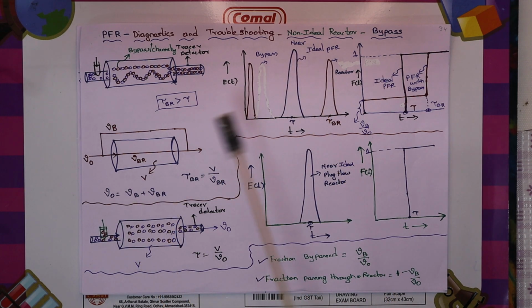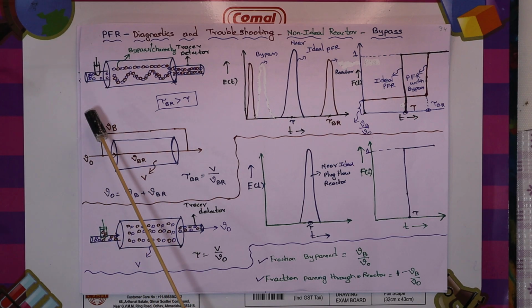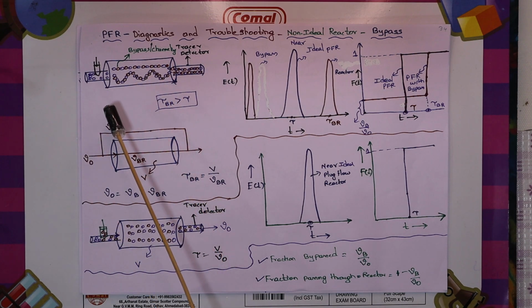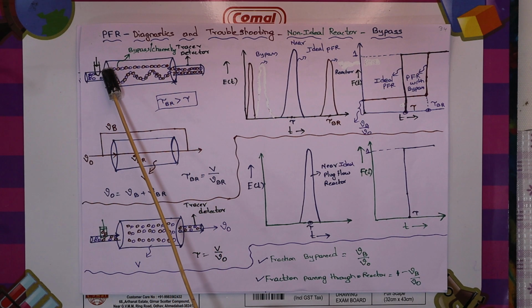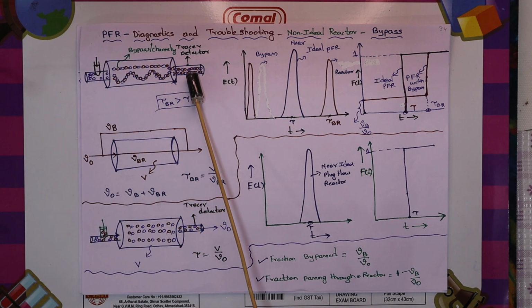Okay, so let us assume that there is a PFR, and we have injected some amount of tracer. Based on this information, can we identify the non-ideality? Presently assume that this particular reactor has the bypassing non-ideality. What is the bypass? That means there are certain molecules which follow the shortest route and exit the reactor.